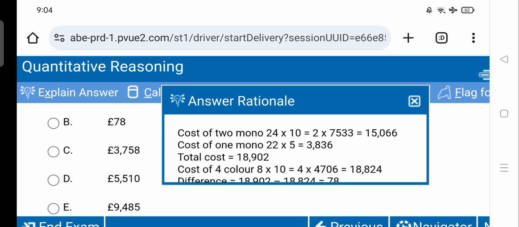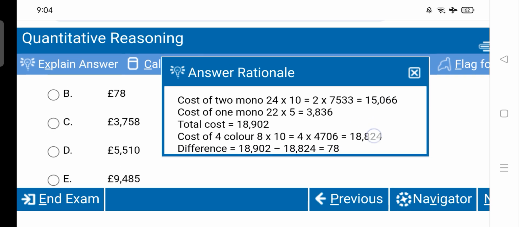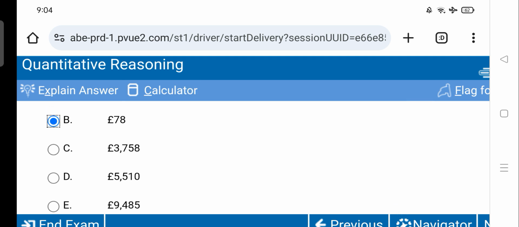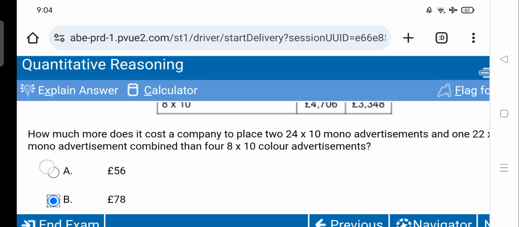Cost of 4 color 8 by 10 equals 4 multiplied by 4706 equals 18,824. So the difference is 18,902 minus 18,824, which equals 78. So here we have a correct option, option B, 78 pounds.